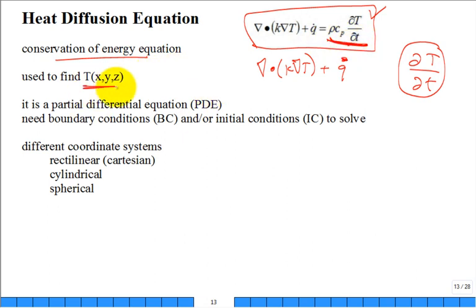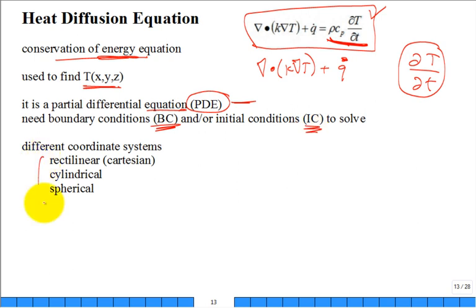It's used to calculate the temperature field, the temperature at all locations. That's why we want this equation. It is a PDE, partial differential equation. And to solve it, not only do you need the equation, you need appropriate conditions, boundary, as well as possibly initial conditions.